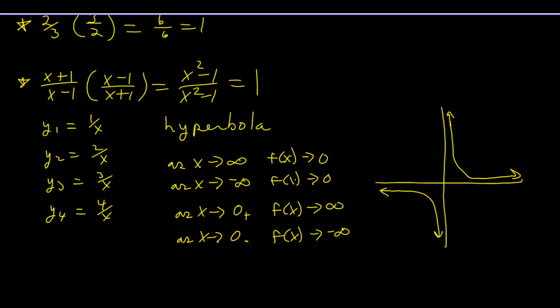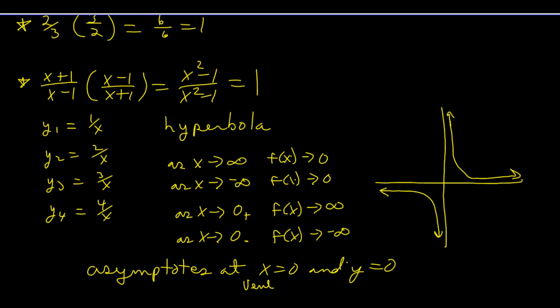Closer and closer to 0 on both the x and y axes, but never actually hitting them. We call those the asymptotes at x equals 0 and y equals 0. Remember, x equals 0 will be the vertical asymptote, and y equals 0 will be the horizontal asymptote.